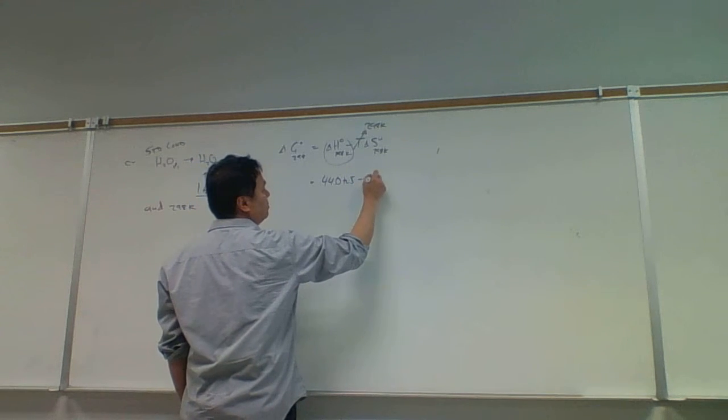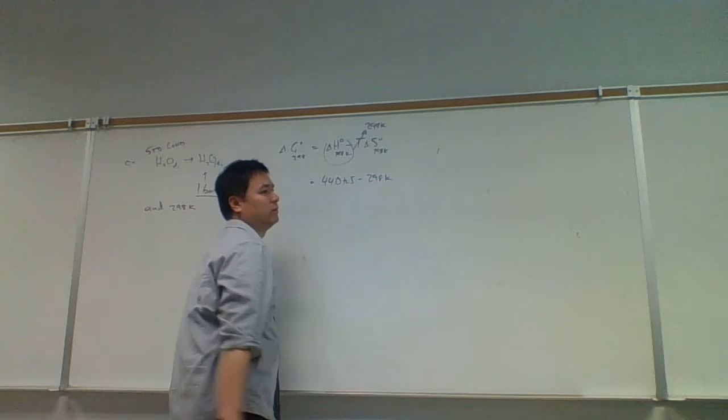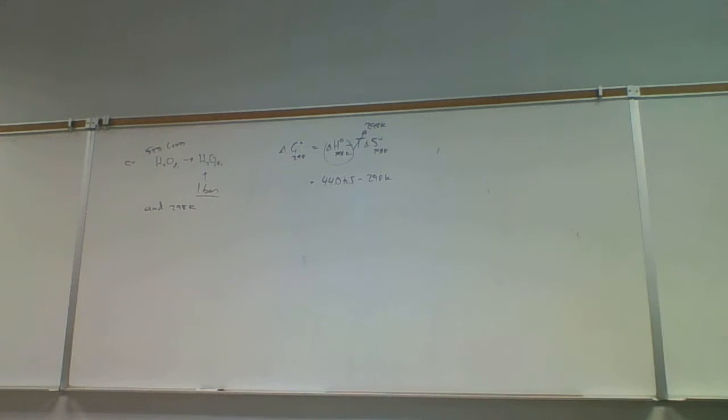T is 298 Kelvin. Now let's go and figure out what delta S is. Delta S is the absolute entropy of the product, the H2O gas, 188.8, minus the absolute entropy of the reactant. And since this is 1 mole and 1 mole, I'm just using these outright. If I had 2 moles, then I multiply by 2, or 3 moles multiplied by 3, or half a mole.